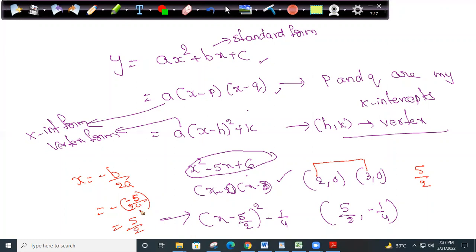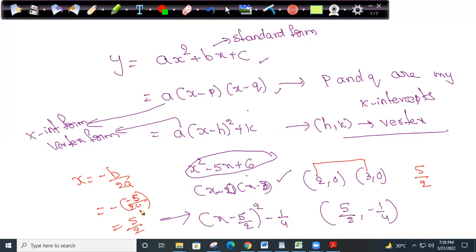Still have doubts, let me know so that you can ask me. Anyway, now I'll update this. So x is equal to 5 by 2. Hope I'm clear. If you still have doubts, please let me know, I'll explain. So far, everything that I explained, you should have clarity in your brain.